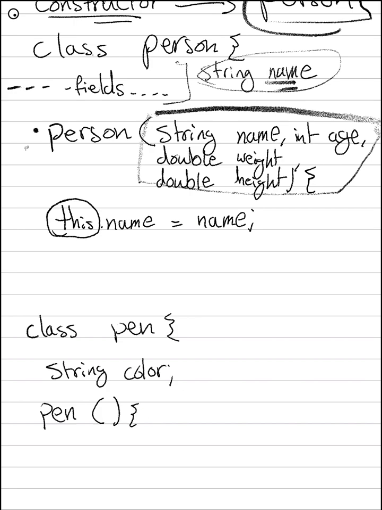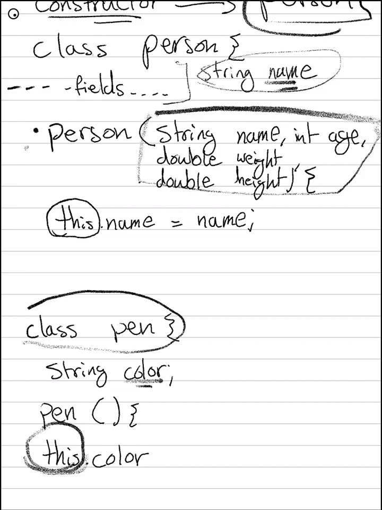It just is. How do I access this pen's color? Do you have any ideas? You could use this color. This dot color, exactly.